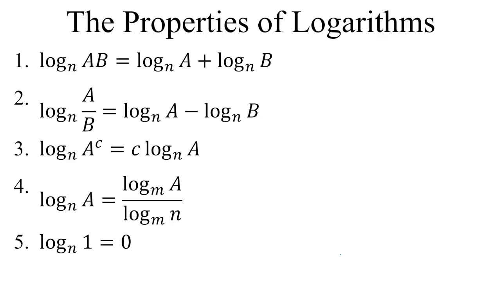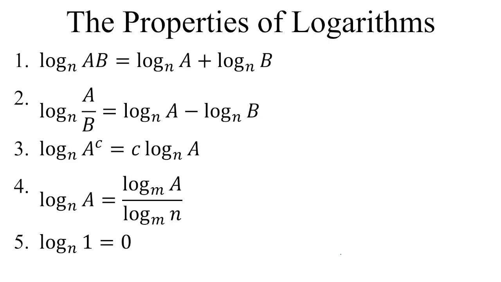The second one says the log of a quotient is the difference of the two logs. The third property says that the log of a power of something, that exponent becomes a coefficient.